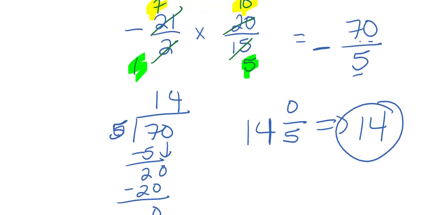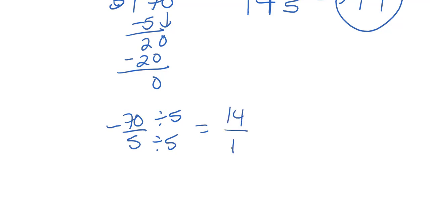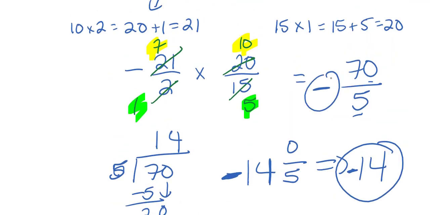So what if you didn't want to go this route? What if you wanted to go like this? Now what if we took the top and the bottom and divided by 5. Well, 70 divided by 5, as we just showed, is 14. Now 5 divided by 5 is just 1, which is just equal to 14, and that would be negative. Forgot the negative sign right here.